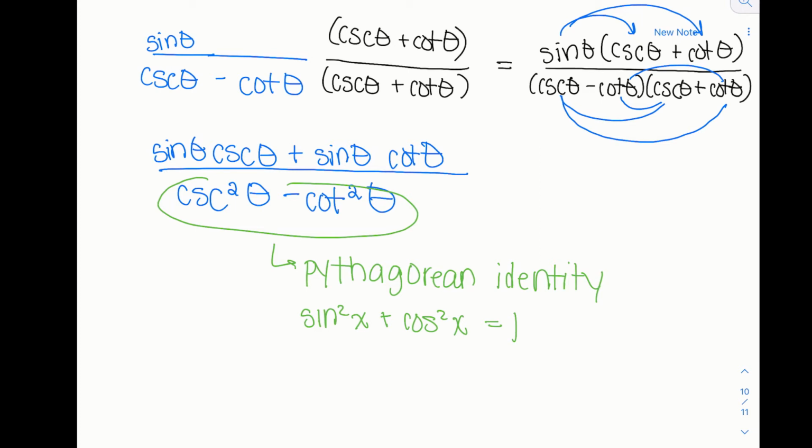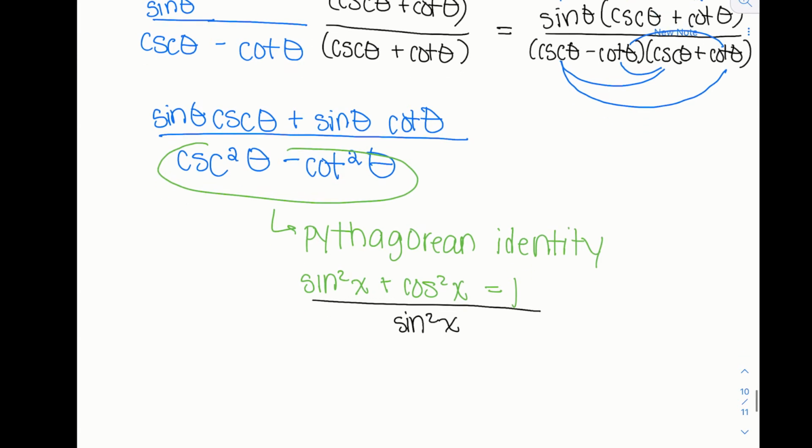And I look here, and if I wanted to get a cosecant or a cotangent, I can divide everything here by sine squared, and we can do that because I'm dividing the left by the same thing I'm dividing on the right, which means I'm keeping the equation balanced.